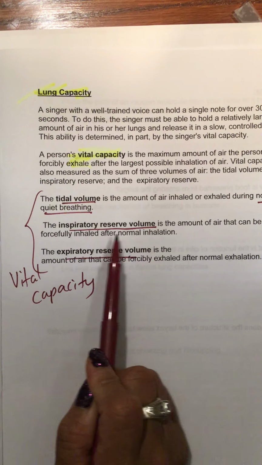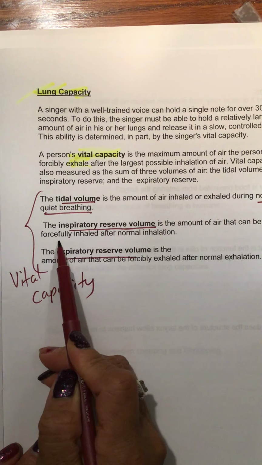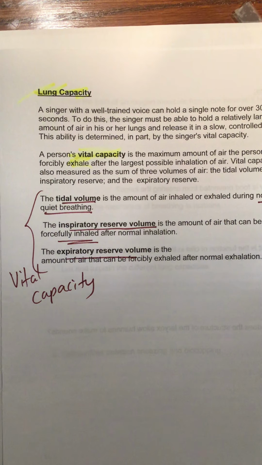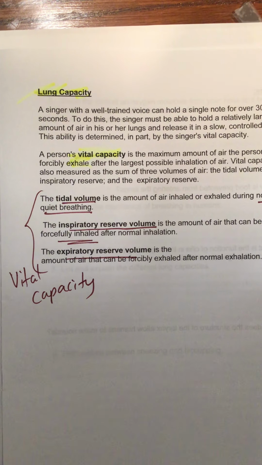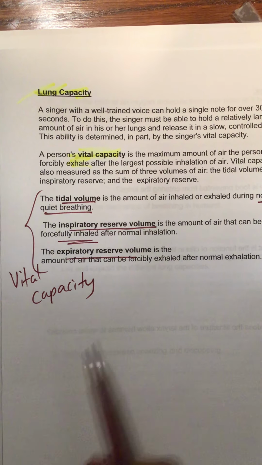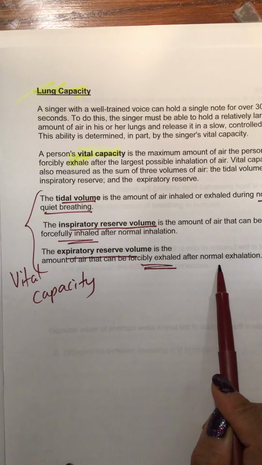The inspiratory reserve volume is the amount of air that can be forcefully inhaled. So you take a normal inhalation and then you force more air into your lungs. That's the inspiratory reserve volume. The expiratory reserve volume is the amount of air that can be forcibly exhaled after normal exhalation.